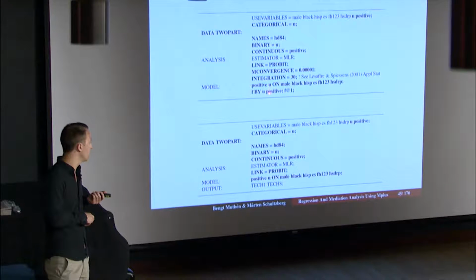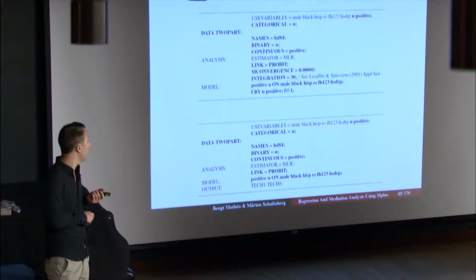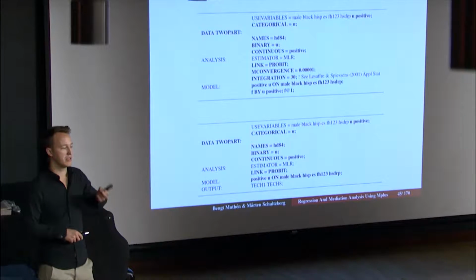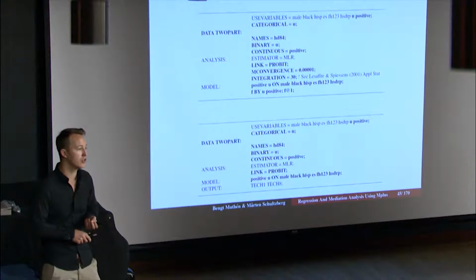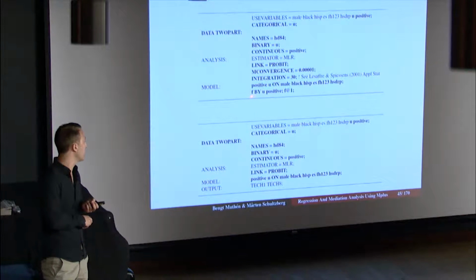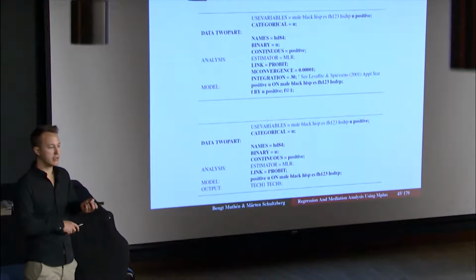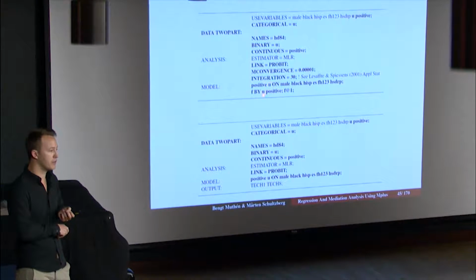But then we move on to the model command, and they have similar regressions first. We have positive and U regressed on the covariates. Both have that. But then in the Heckman model, to get this explicit estimation of the correlation between those two, the covariance, we have to add a factor. So we put a factor indicated by U and positive. And the default in Mplus is to fix the loading of the first factor.